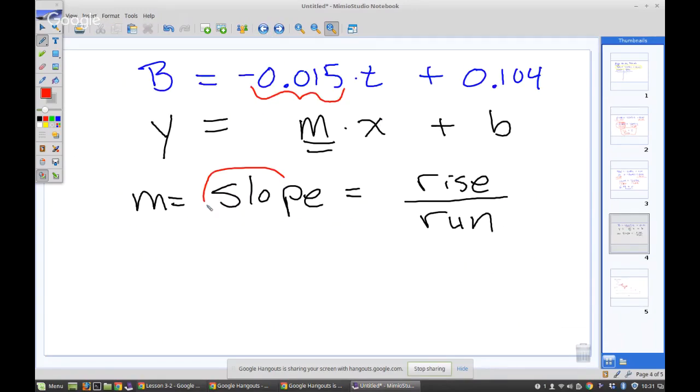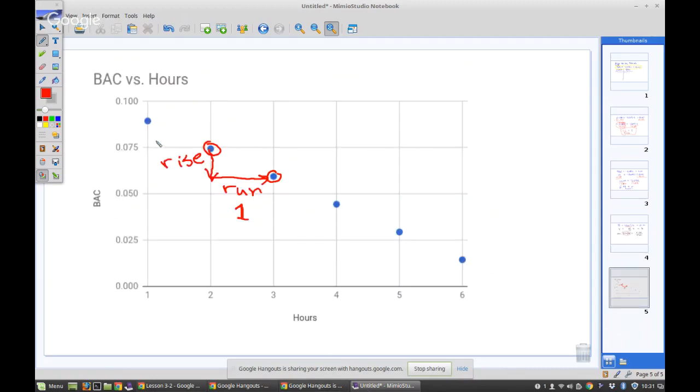It's the number I'm calling the slope. So if I look back at my graph, the rise is that 0.015, and more technically, it's really a negative. That negative means the drop.